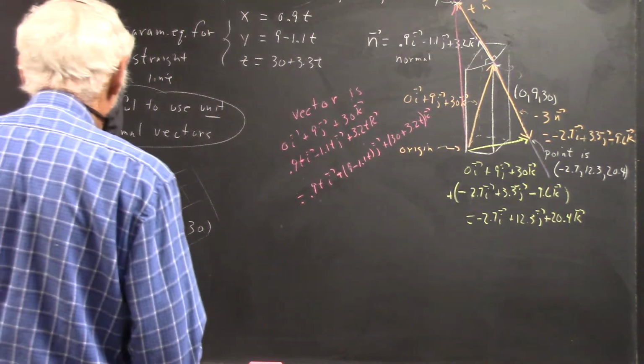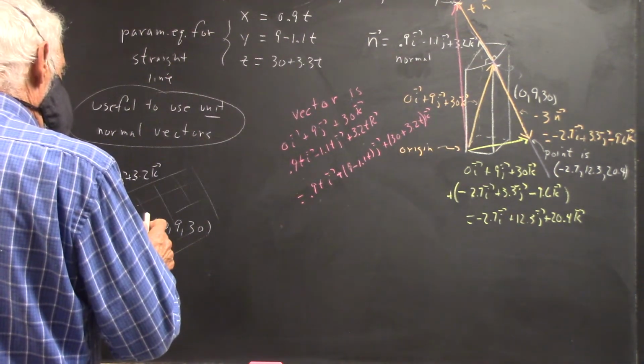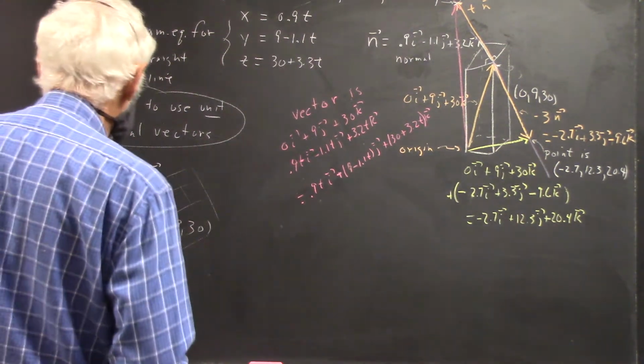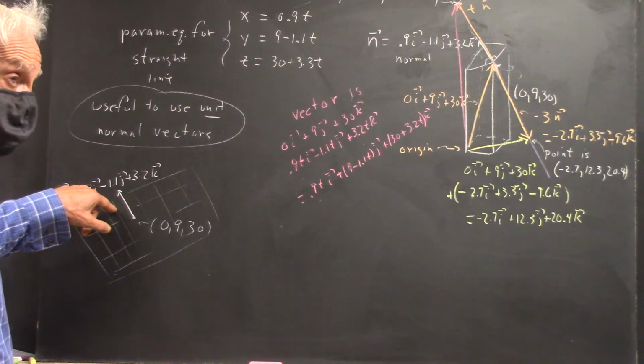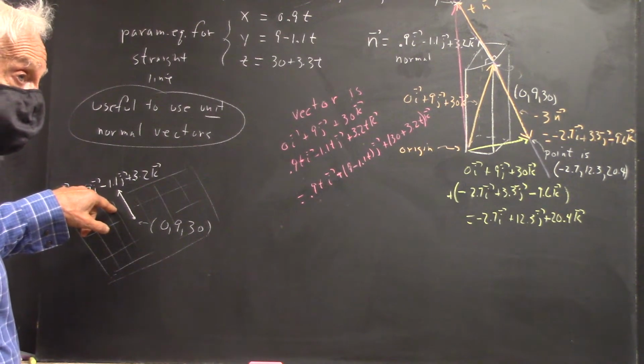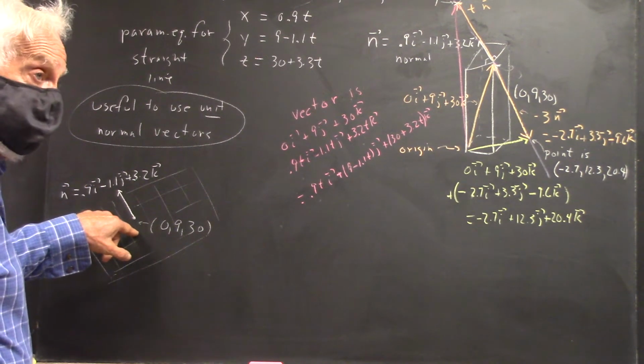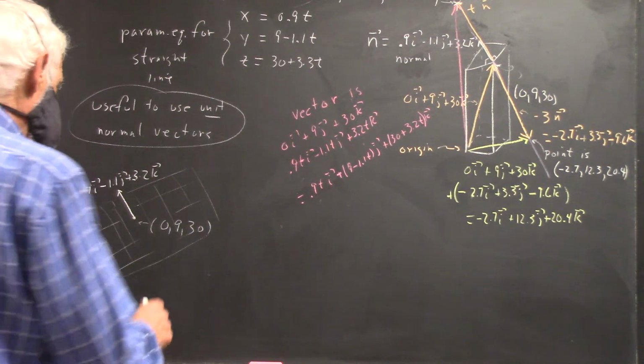And the plane has a characteristic that any vector within this plane has to be perpendicular to the normal vector. And the plane has to contain this point.